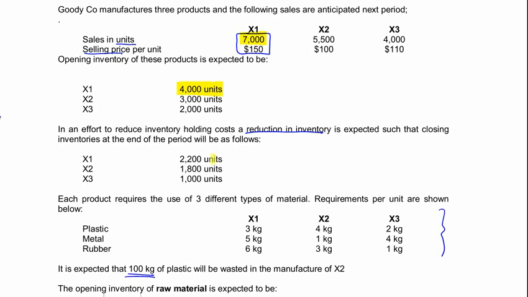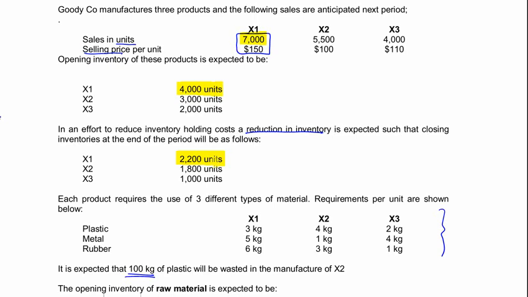But we also need to end up with some closing inventory of 2,200 units. So rather than just making 3,000 units to get us from 4 up to 7, we're going to need to make 5,200 units, because we need to be left with 2,200 units.